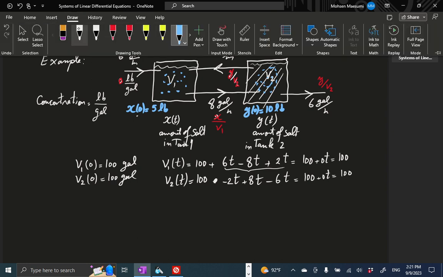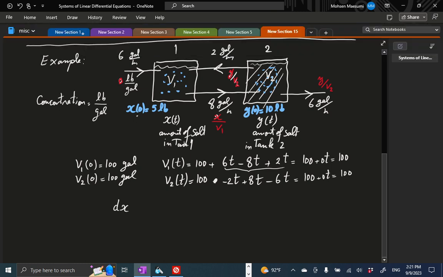Okay, now comes the punchline of the whole problem. The question is, how does X change? Remember, X is the amount of salt in the tank. It's going to change because you are pumping stuff in or out, and they have all sorts of concentrations. This one, you're pumping it in. It's fresh water, so you're not adding any salt into your tank.